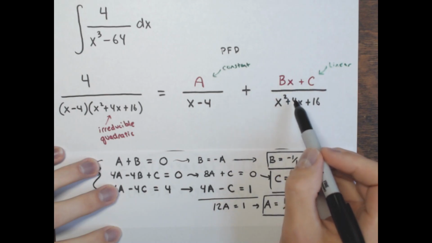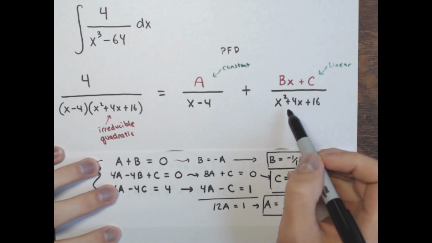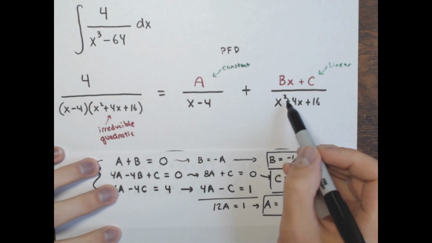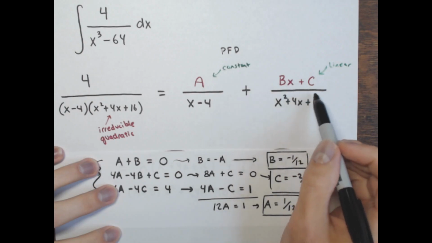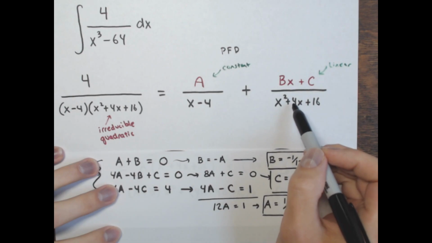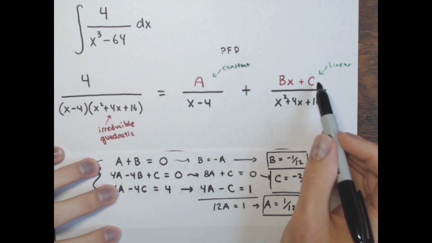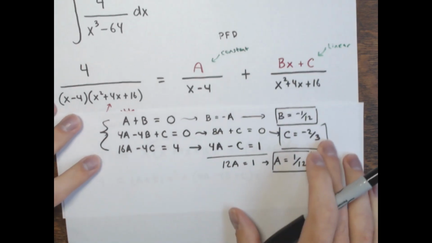A linear over a quadratic, we've seen some of those before. But when I had a linear over a quadratic, the derivative of the quadratic is going to be close to, if not the same thing sometimes as, a linear. So this will be a nice log thing. When you have a constant over a quadratic, that doesn't work out. The derivative of a quadratic is never going to be a constant. So I'm going to split these up because these are giving me 2 different kinds of integrals to work with.